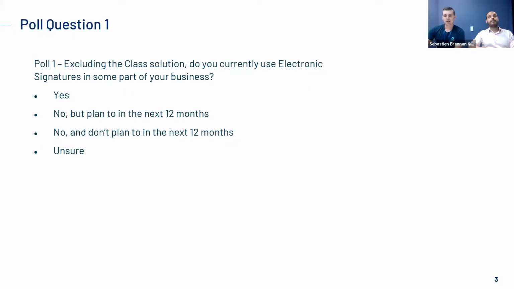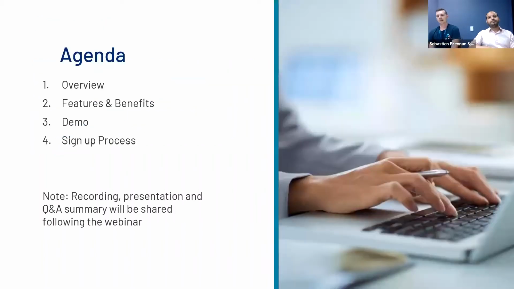What we'll start by discussing is an overview of the electronic signature functionality. Ahmad's going to take you through that, as well as the features and benefits of our integration with DocuSign. I'm going to take you through a demonstration of all the functionality that we've added, including how we can send a document for signature, and how to configure an envelope in the DocuSign portal.